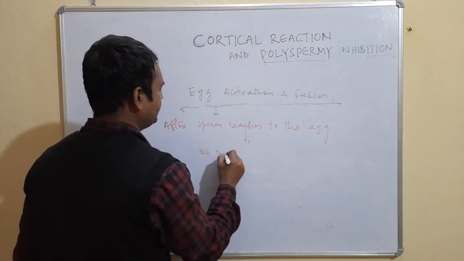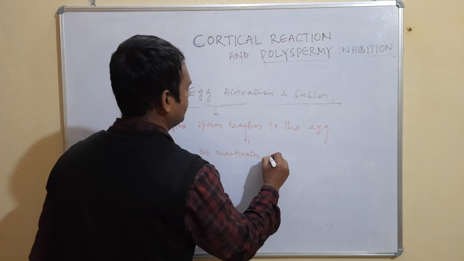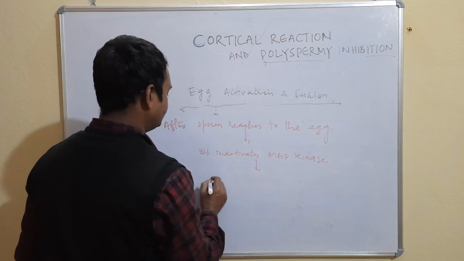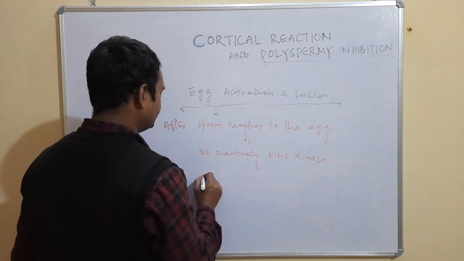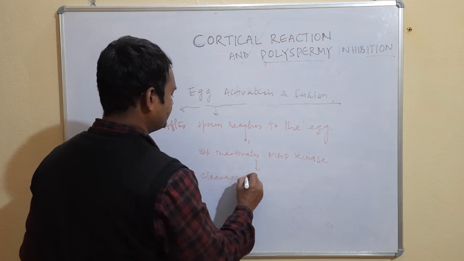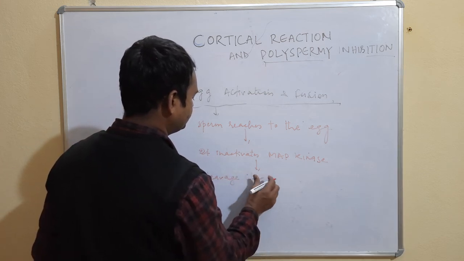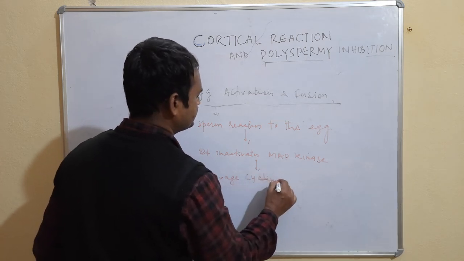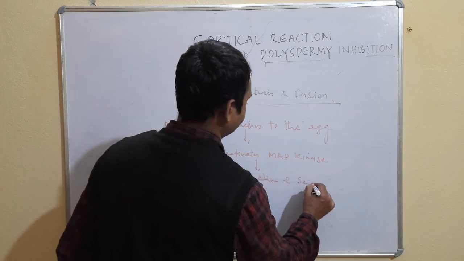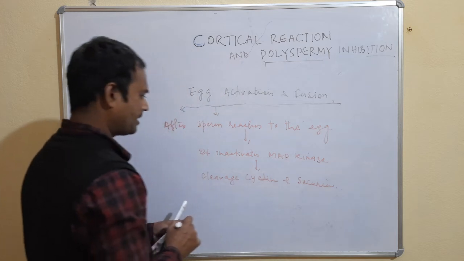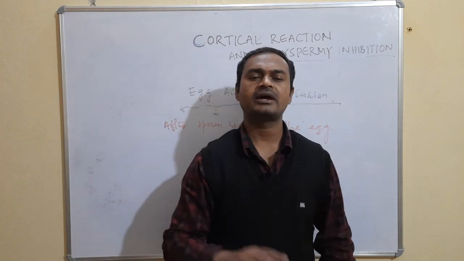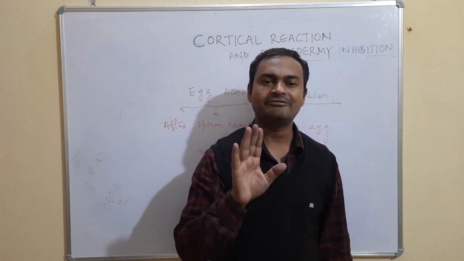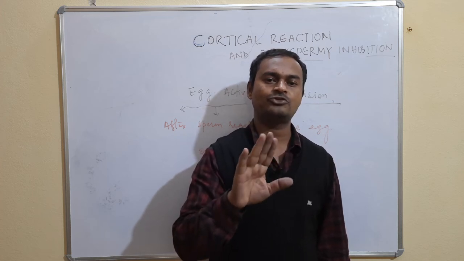It inactivates MAP kinase, and this will result in the cleavage of cyclin and the saccharine. Right now the ovum is in the state of metaphase arrest of meiosis 2.